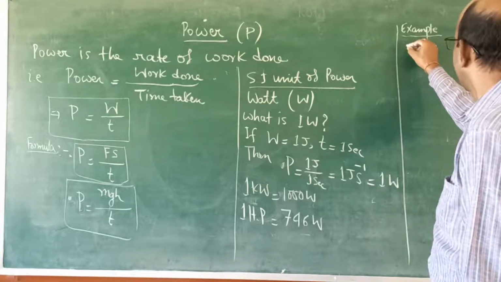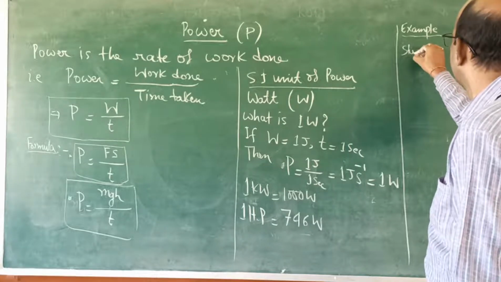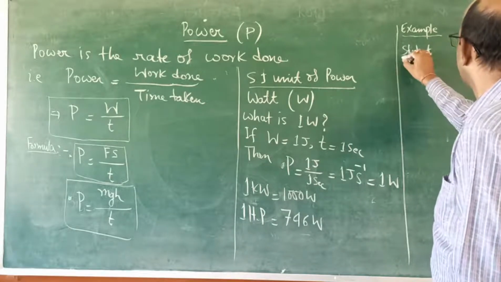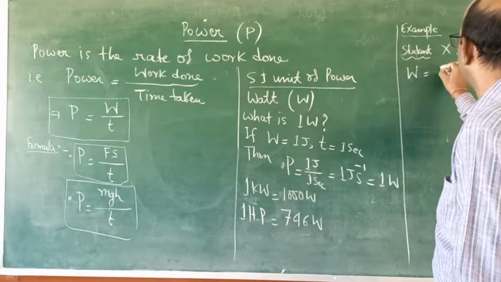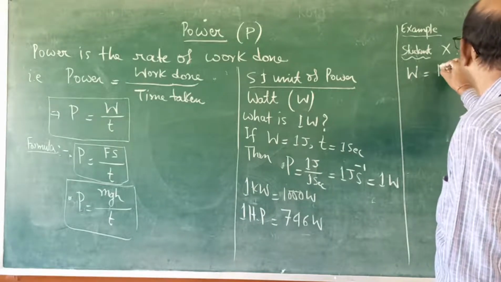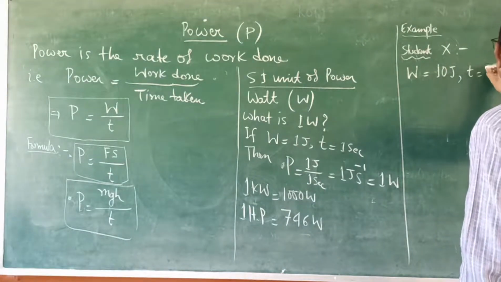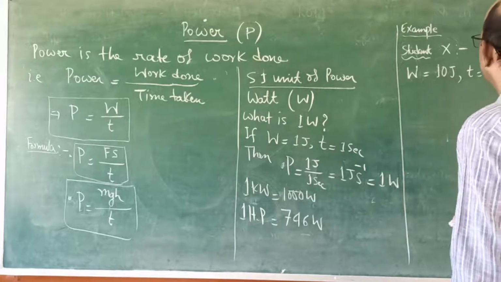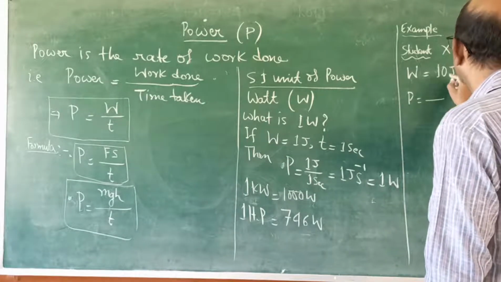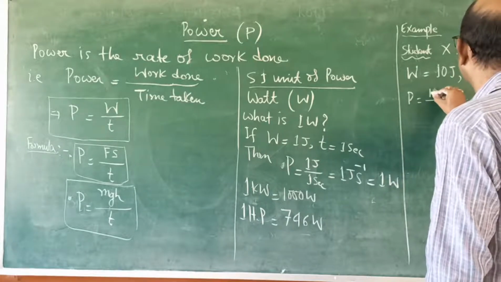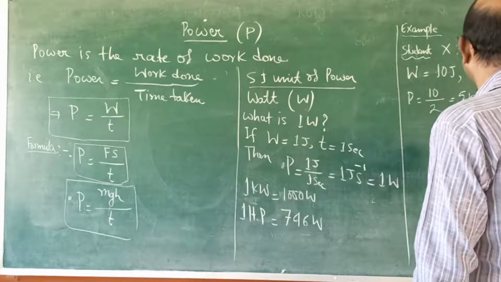There is a student X who performs a work of 10 joule and takes a time of 2 seconds. So what is the power? Power is work done by time, work done is 10, time taken is 2, so the answer is 5 watt.